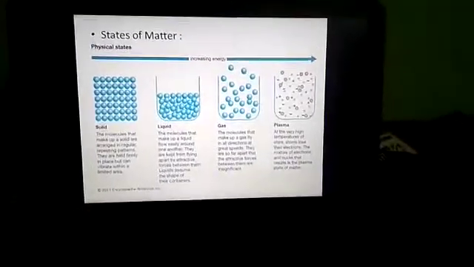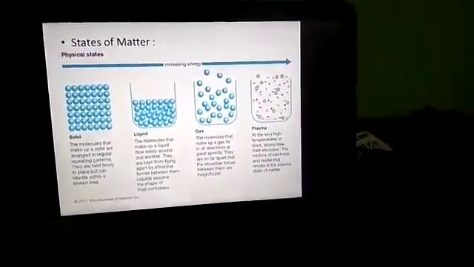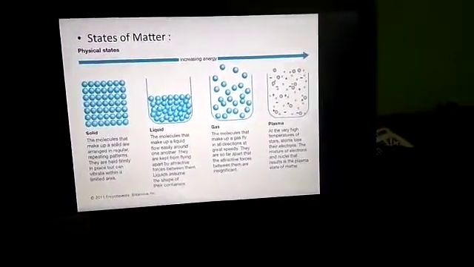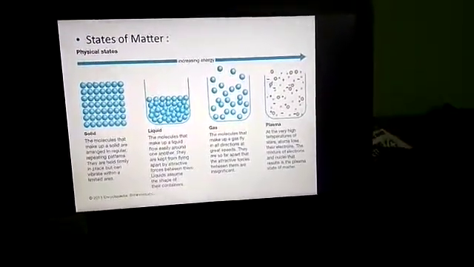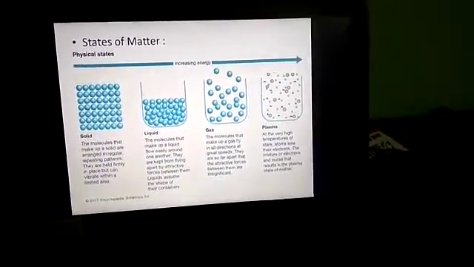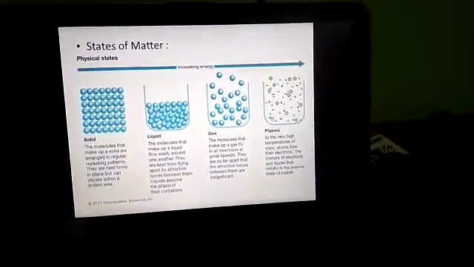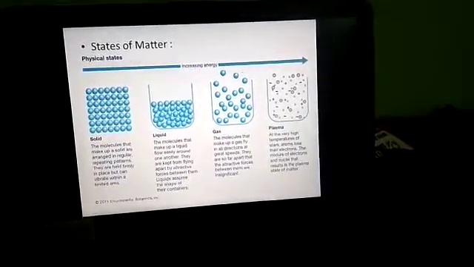Next, states of matter. When it comes to the physical states, matter has chemical and physical states. Physical states are solid, liquid, gas. If anybody asks what the states of matter are, they are solid, liquid, and gas.